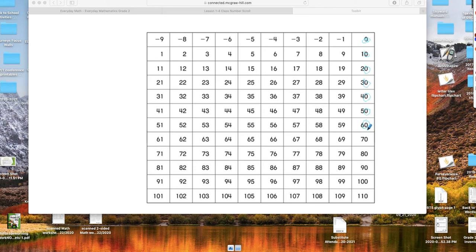And if you look at the other columns, you will notice that when you go up or down on the number grid, there's the same number in the ones place no matter what. Here it is in the nines, the same thing in the column for the eights, the same thing in the column for the sevens. They all have sevens in the ones place. I could go all the way over here to the twos. Caden, they all have twos in the ones place. So the number in the ones place when you're going up or down does not change at all.